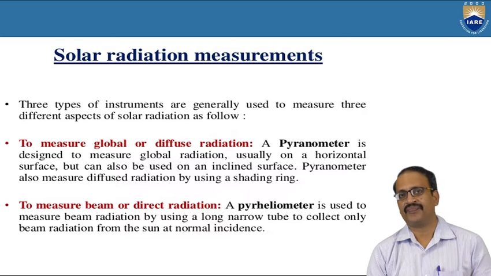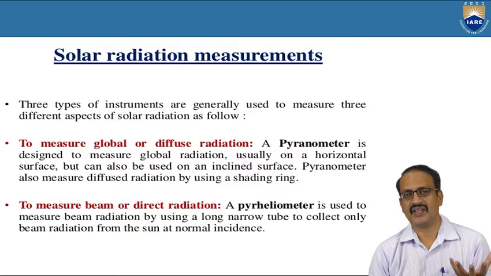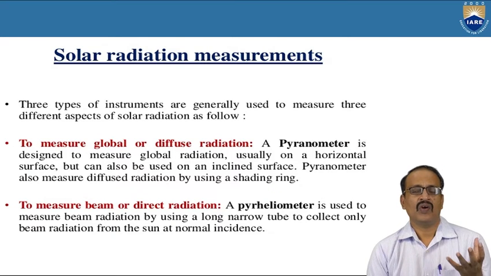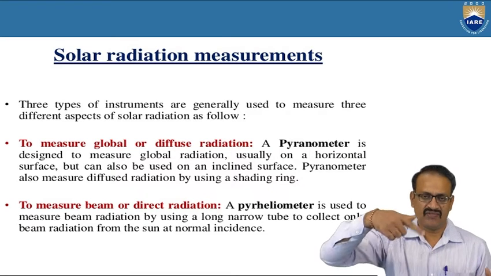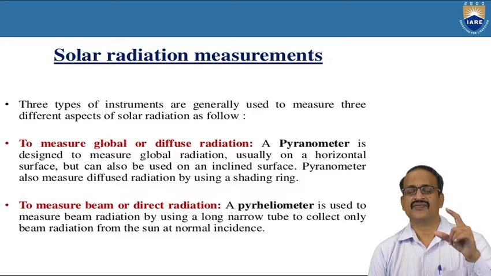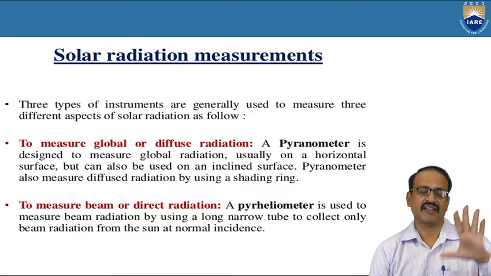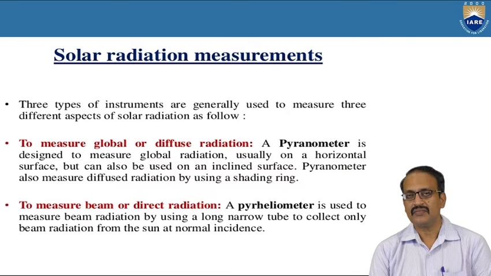One is for global or diffuse radiation. It is able to capture the global or diffuse radiation. That's why it has a half cylindrical shape. And another thing is straight. It is going to take the direct incident rays.